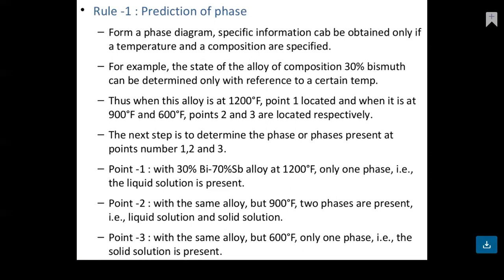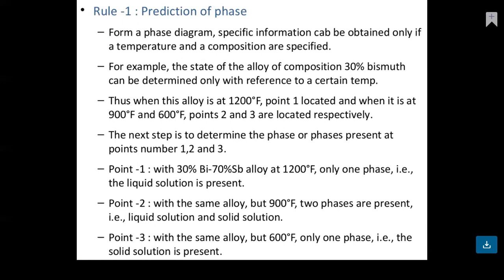The next step is to determine the phase or phases present at points 1, 2, and 3. Point 1 has 30% bismuth and 70% antimony, alloy at 1200 degrees Fahrenheit. Only one phase, the liquid solution, is present here.